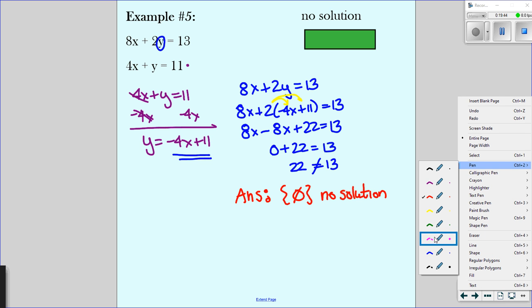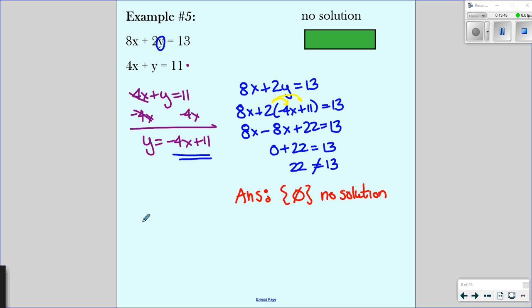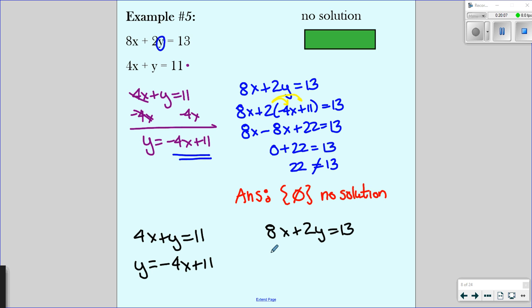And I'm going to prove that. I use black now for this one. Since I changed the other one, that was 4x plus y equals 11, I changed it into the slope-intercept form of y equals negative 4x plus 11. I'm going to do the same thing with the first one and change it into the slope-intercept form. So I'm going to subtract that 8x on both sides.